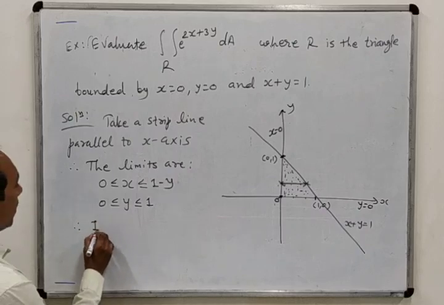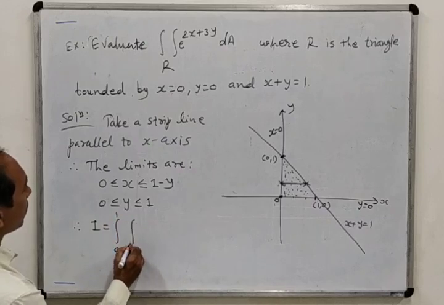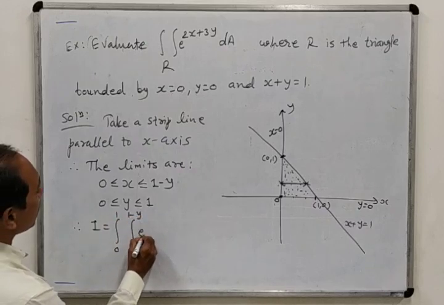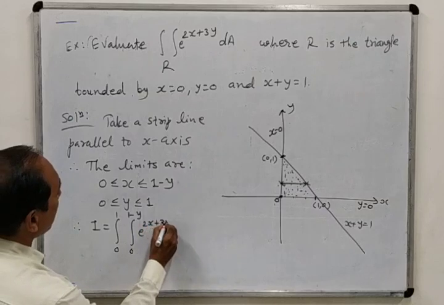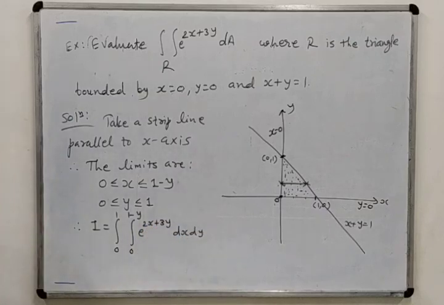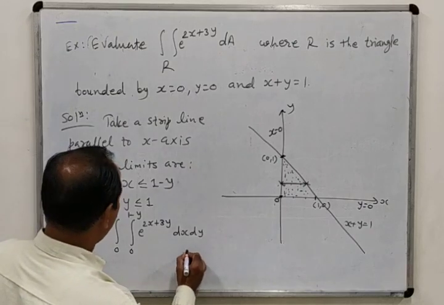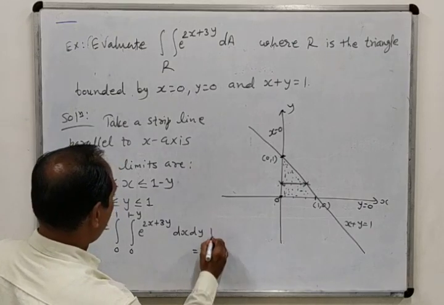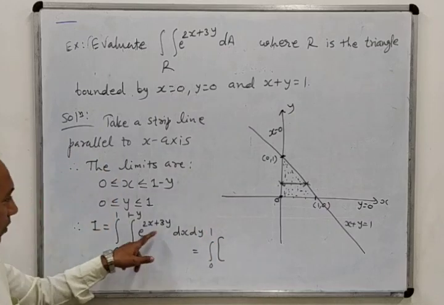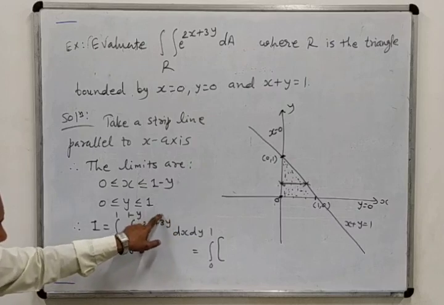Therefore, now we can put the limits of integration, 0 to 1 and 0 to 1 minus y, of e raised to 2x plus 3y dx dy, because our first integration is with respect to x. And then our procedure is the same as we discussed in the last lecture. We will integrate this with respect to x, and when we integrate with respect to x, y is considered as constant.